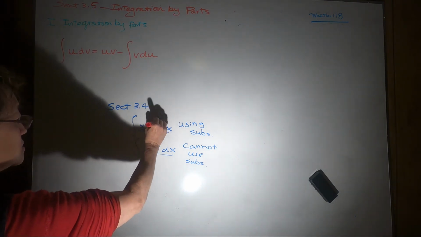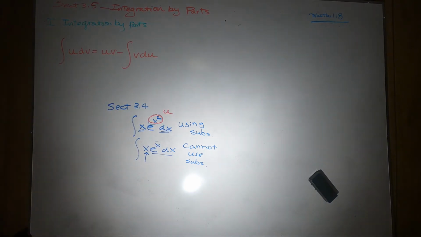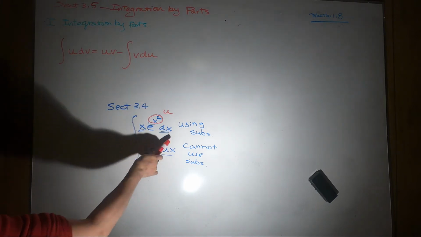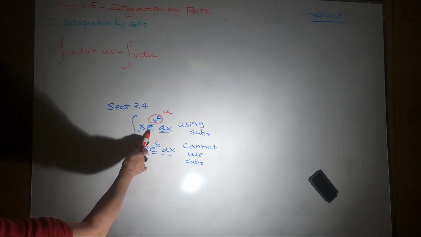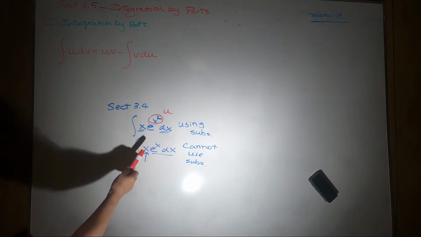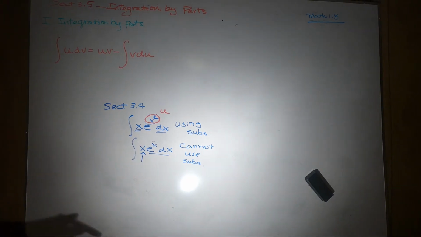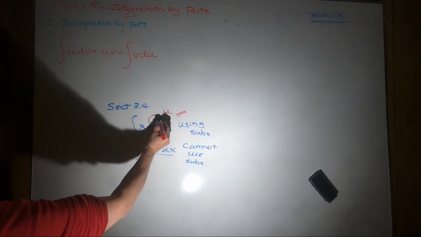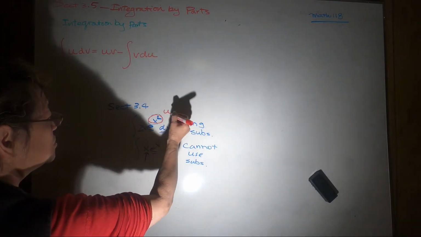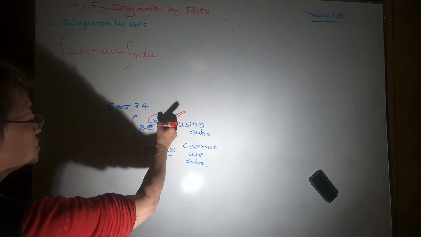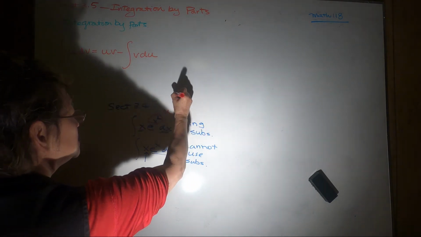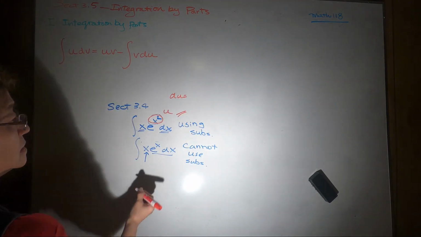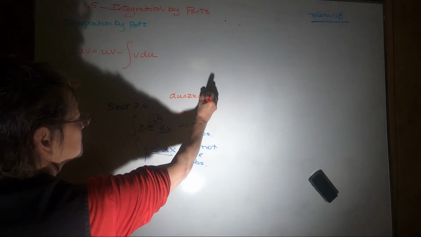Here, we just use one substitution u to replace. Then we can make it simpler. Then it becomes what? An antiderivative, right? It becomes a single thing. In this one, remember, u is x squared, then du would be what? 2x dx, right?